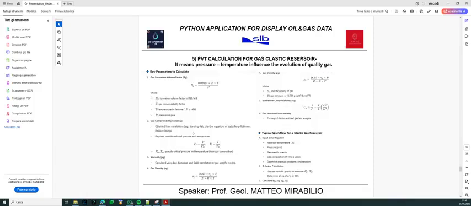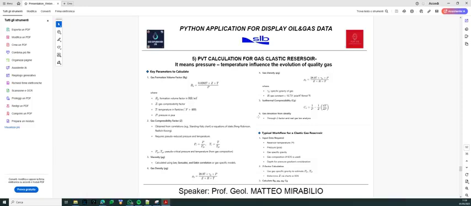The key parameters that we can underline are the following: the gas compressibility factor, the gas formation factor, and the gas density. So it's clear that it is a physical approach, because we need to understand the isothermal compressibility of gas, the gas deviation from ideality.